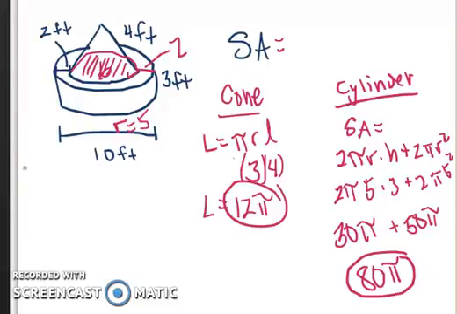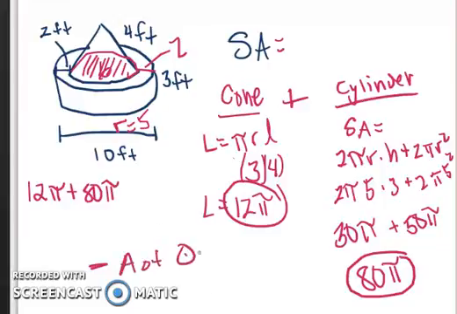So I have to add these two together. I get 12 pi plus 80 pi, but I have to subtract that circle. So I have the lateral area of the cone plus the surface area of the cylinder, but I have to subtract the area of the circle.